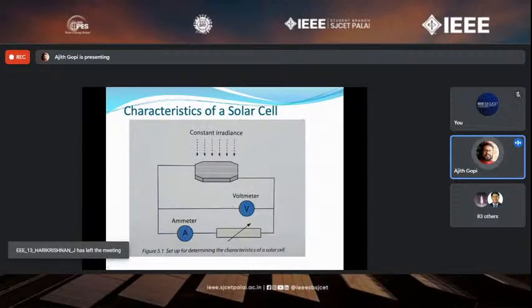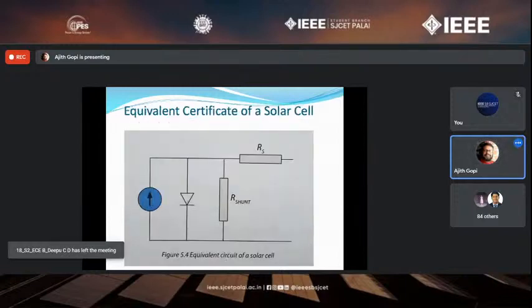So this characteristic IV curve you can plot with a small experimental setup, provided you have a constant irradiance. With a constant irradiance, an ammeter and voltmeter, and a rheostat for varying the current, you can have an IV curve plotted. This characteristic of a solar cell can be drawn with this setup.